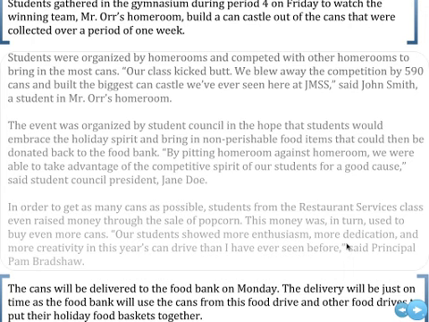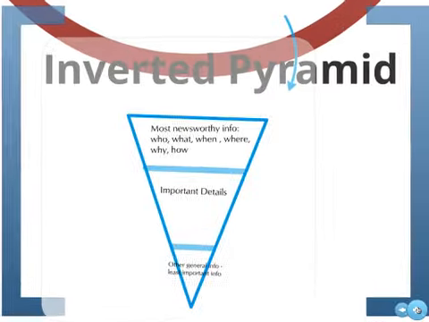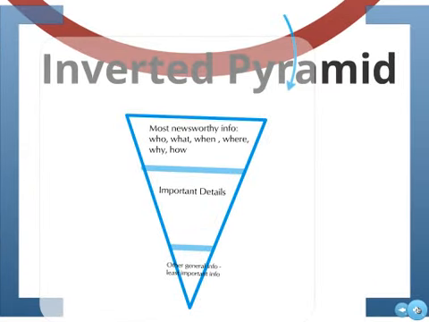All right, so let's talk for a minute about structure. The inverted pyramid. In a news report, it's important to get the most important information up to the top of the pyramid or to the top of the report. So if you look at this structure here, this represents the news report structure.